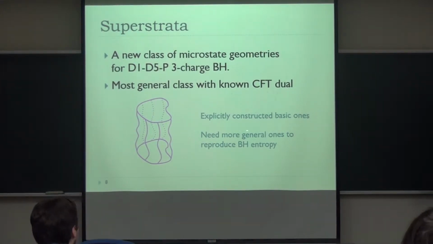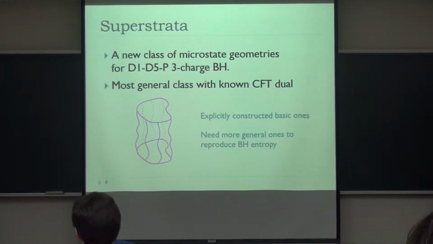So we have to consider more general ones to reproduce the black hole entropy, if it's possible. And that's the recent progress that I want to mention at the end of these lectures. So these are the ingredients of the lecture.